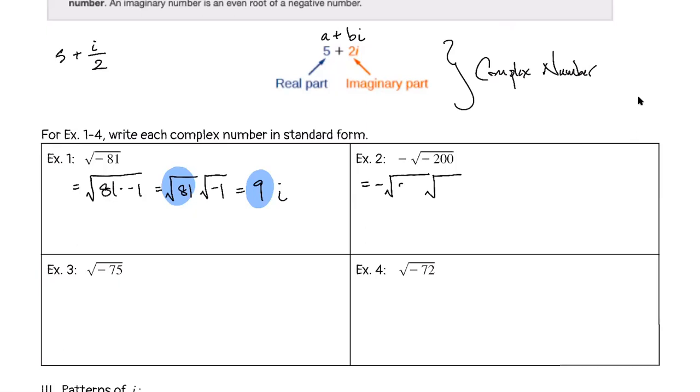Yeah, so we've got 200 and the other one is negative 1. Good. Okay. Now 200, I can break down into like square root of 100 times square root of 2.